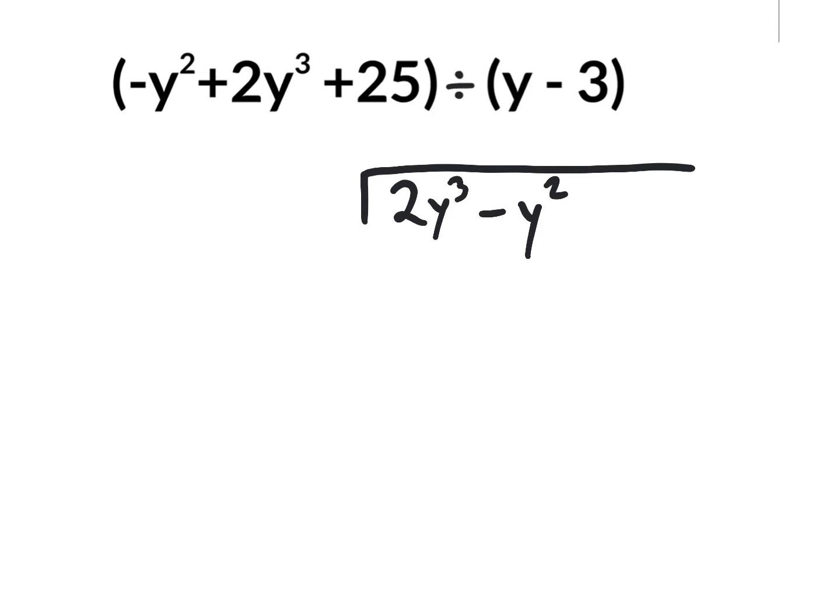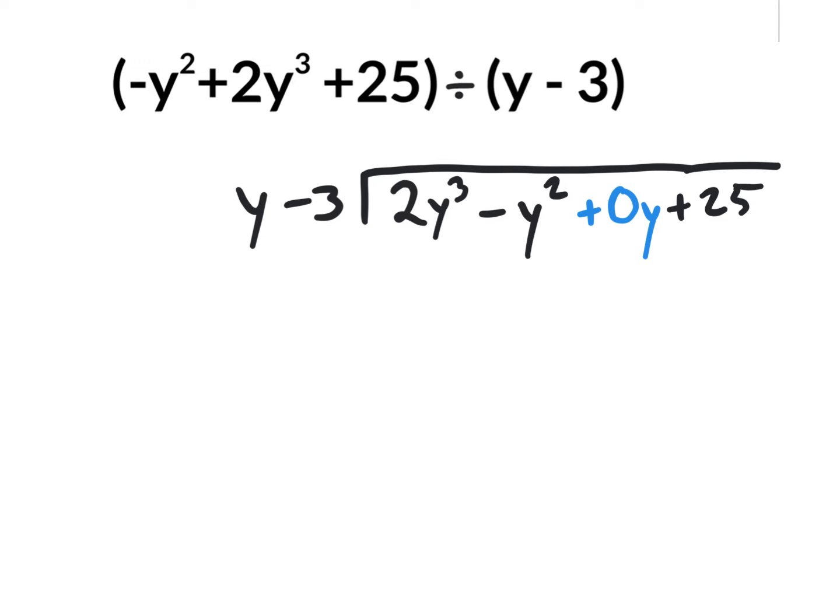Notice that there is no regular y. Right? There is no regular y. So I am going to put plus 0y because there is no y. How could I represent that there is no y? With that 0y. That means that there is no y. And of course we have the plus 25 at the very end. Okay? And we are dividing by the binomial y minus 3.